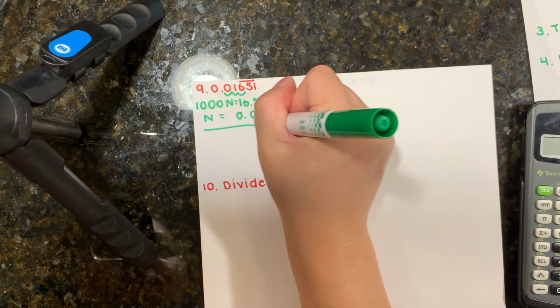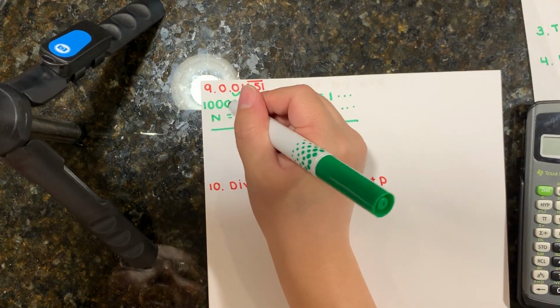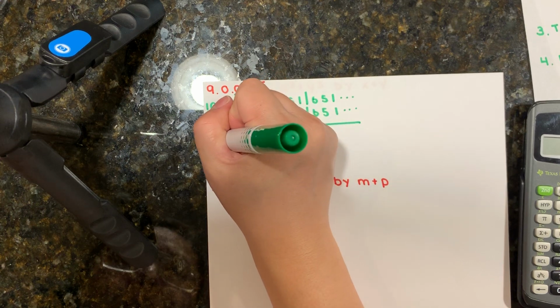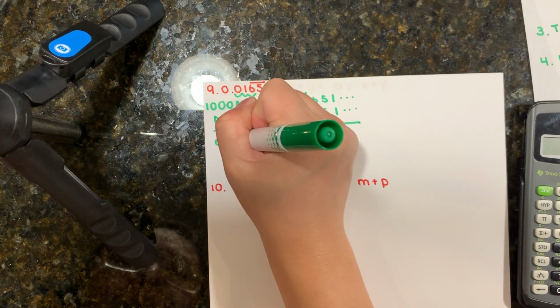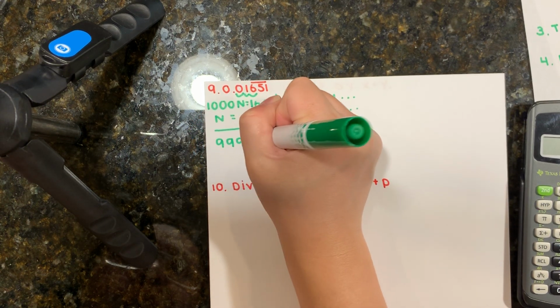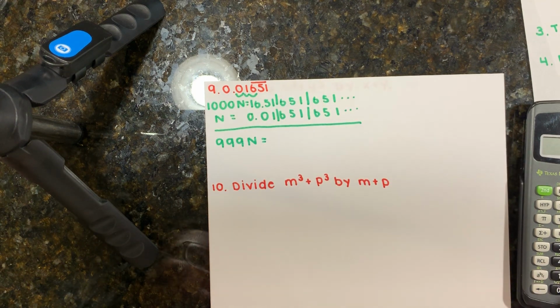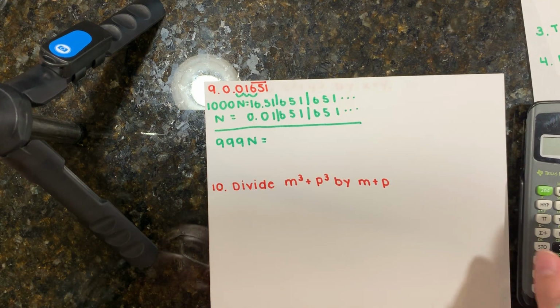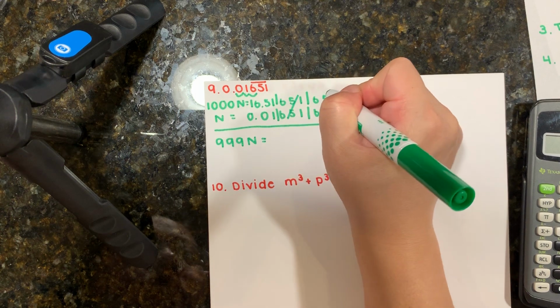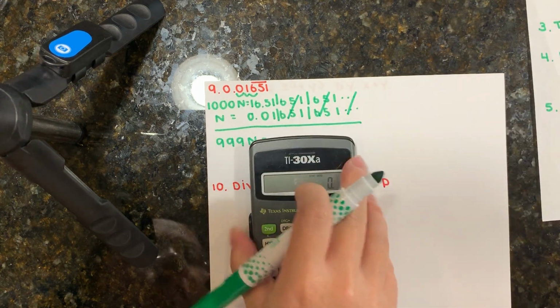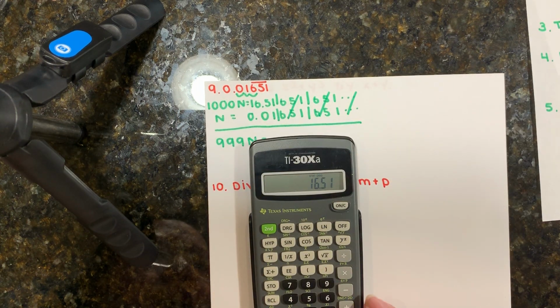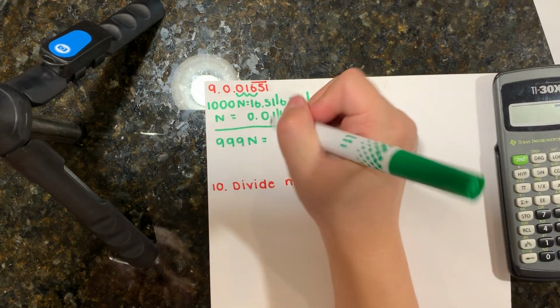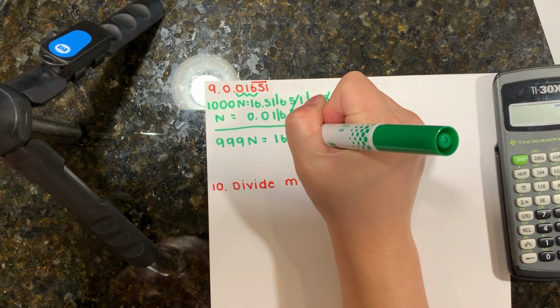Now I know it's kind of hard to see, but we're going to subtract the n from the 1,000n again. So that gives me 999n. And when I subtract, the 651s are going to cancel, and the repeating decimals. So it's going to be 16.51 minus 0.01, and that would just give me 16.5.